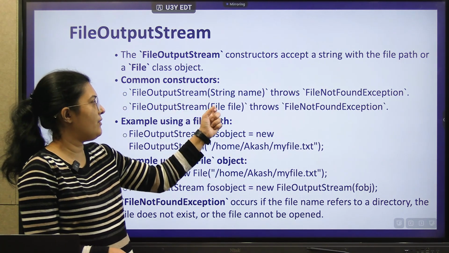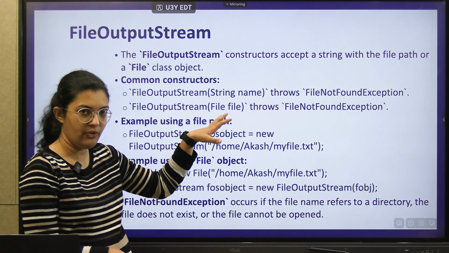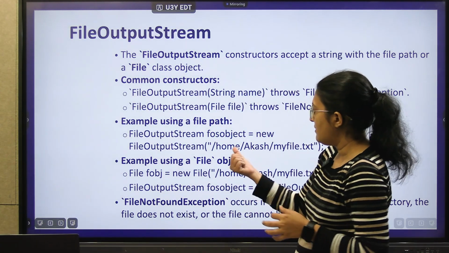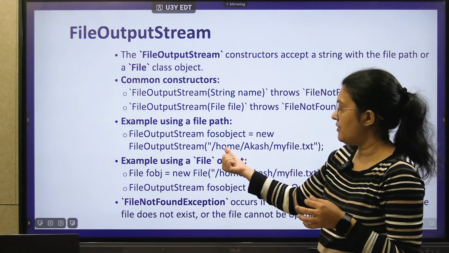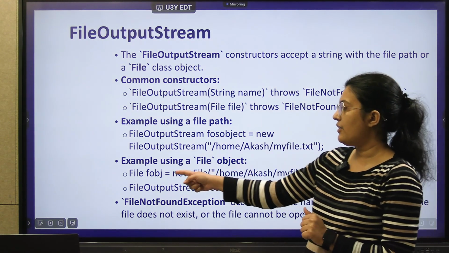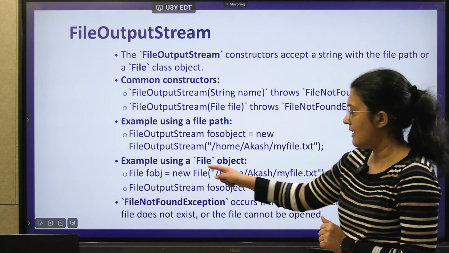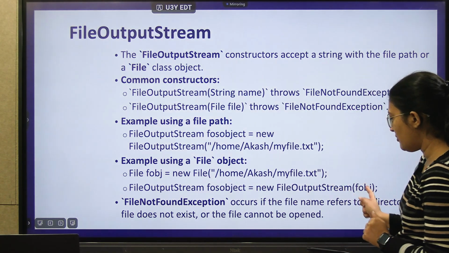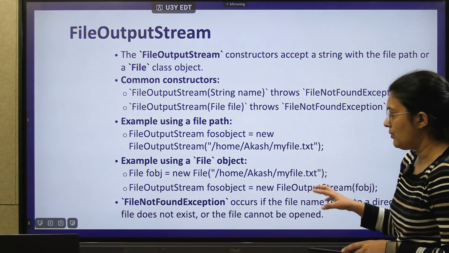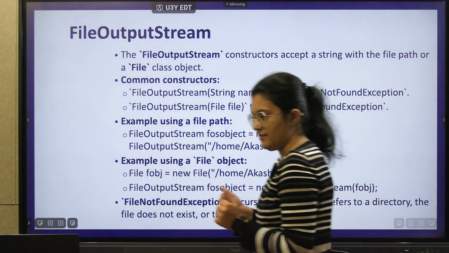And the second option is that we can pass the File class. If you want to give the string value, then you have to give the path like this, and if you want to give the file object, then first we have to create the file object, and that file object will be passed as a constructor argument of the FileOutputStream. And both throw the FileNotFoundException.